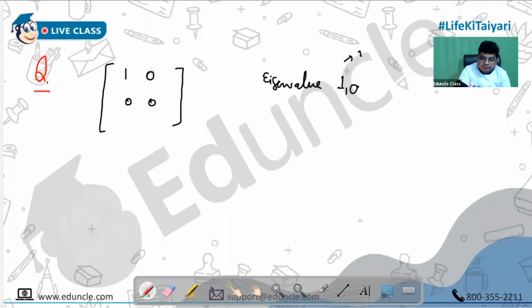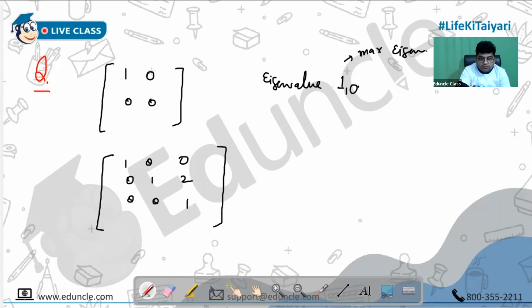Maximum eigenvalue. Yes. What is the eigenvalue of this one?